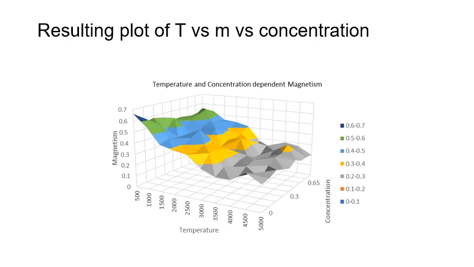For this system, we reduced the value of the coupling energy from what we got from the literature because the values in the literature were too high and the system behaved a little unstably. Therefore, not much effect is seen with change in concentration. The major effect is only seen with change in temperature. So this is the temperature versus magnetization per spin versus concentration graph that we got as a result.